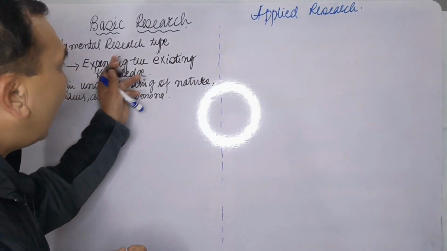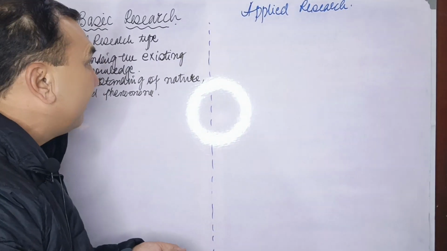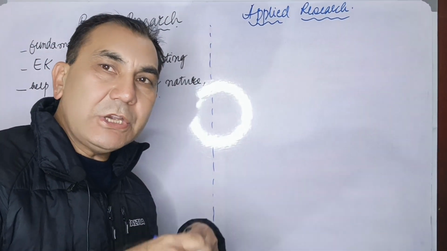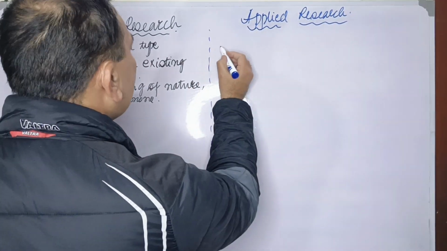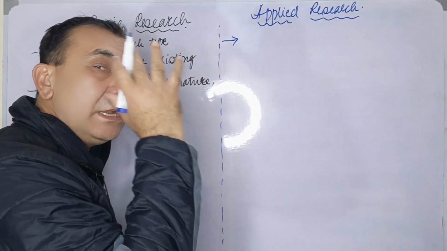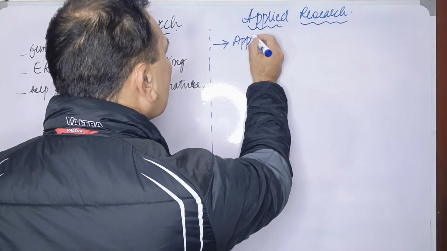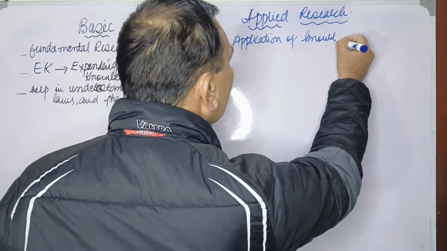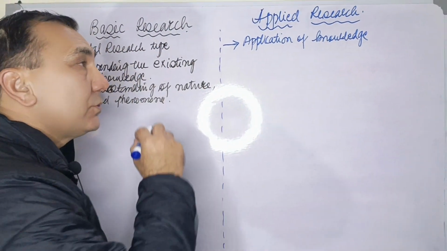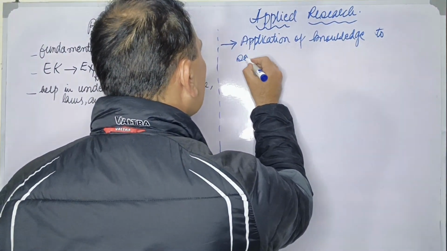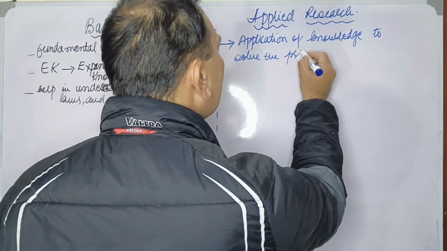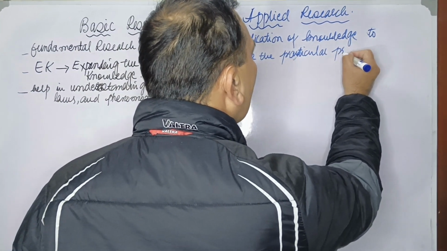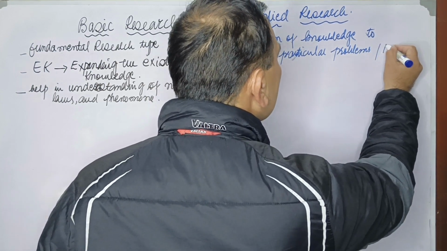While on the other hand, applied research, as is clear by its title, means the application of knowledge to solve practical or particular problems or issues.